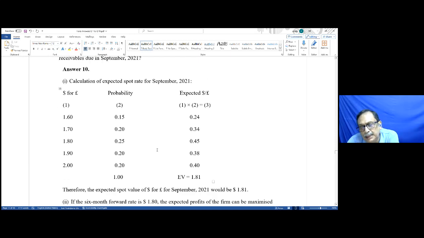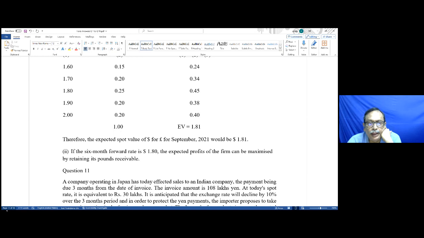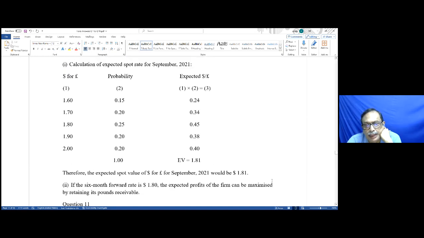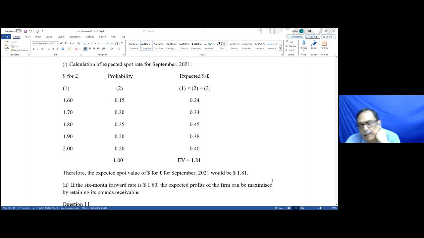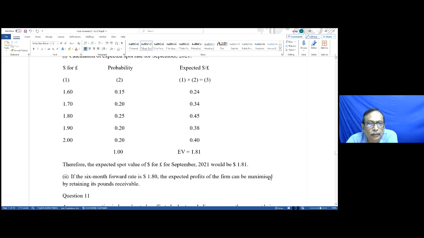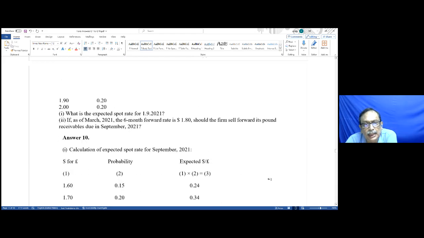Then we multiply to get the expected dollar per pound and add it. Then we get the summation, that is the mean, that is the expected value. Therefore, the expected spot value of dollar per pound for September 2021 would be $1.81. Now, the first question is already answered.